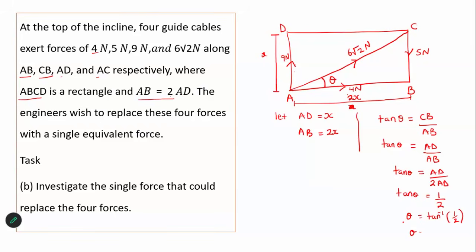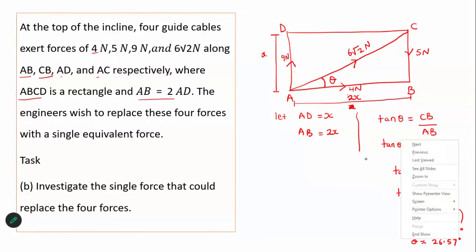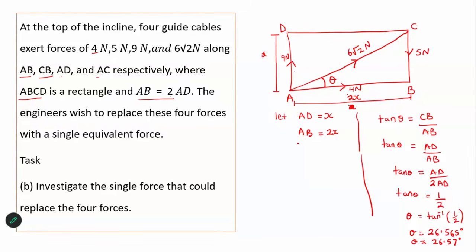And tan inverse of 1 out of 2, when you place your calc, you end up with 26.565 degrees, which you can approximate to 2 decimal places as 26.57 degrees. If you have not used that approach to get the angle, then you can use this approach here. I would recommend this one a lot, but if you use this approach, still you get the same.